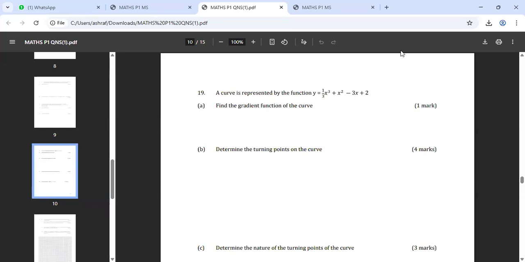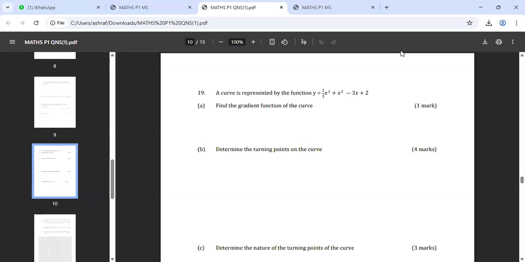Yes, APPS. Unmute yourself. X squared minus 2x minus 3. Good. So dy/dx is x squared plus 2x minus 3.